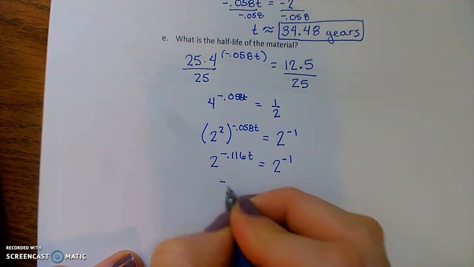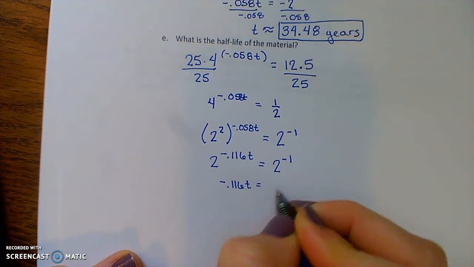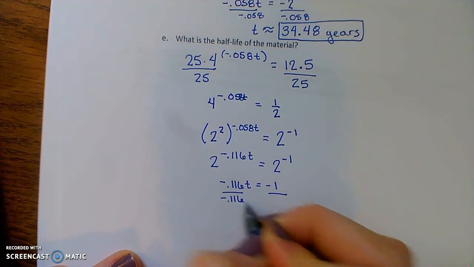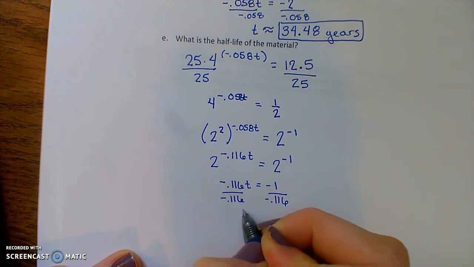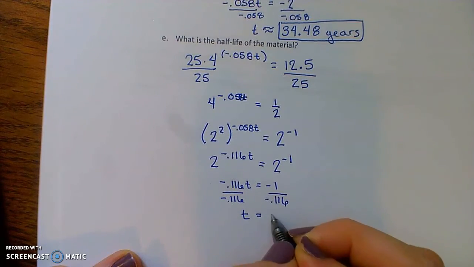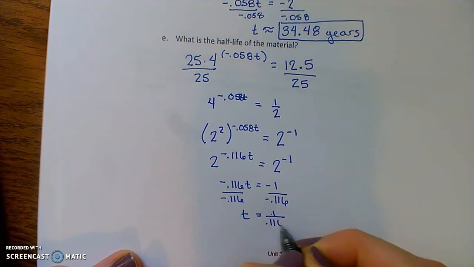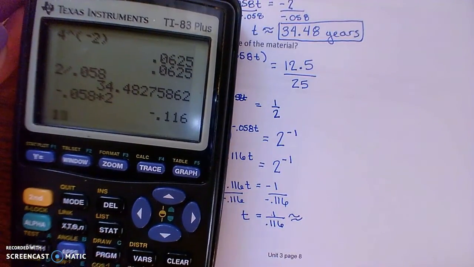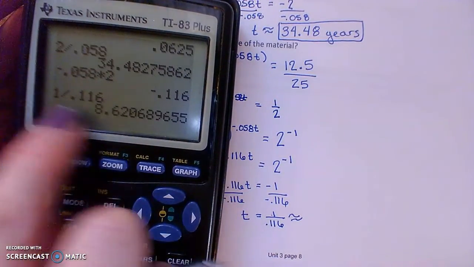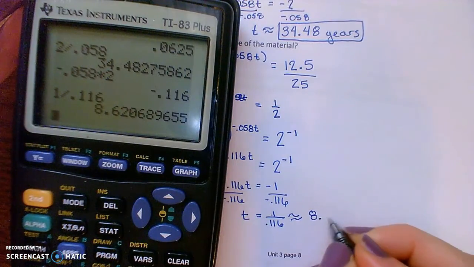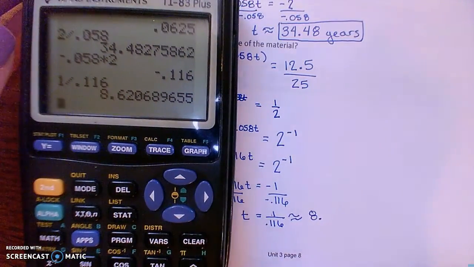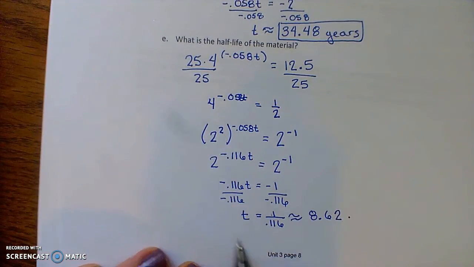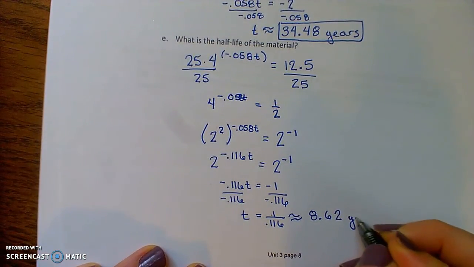And now we can just set those exponents equal to each other. Divide both sides to get t equals 1 over 0.116, which is approximately, let's say round to 2 places, 8.62. And since we're solving for t, our units are years.